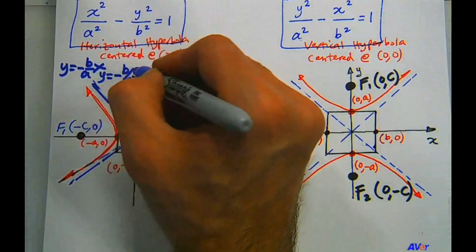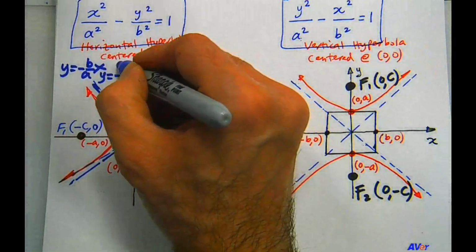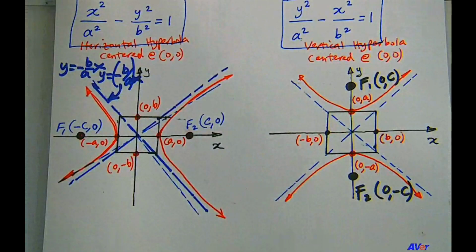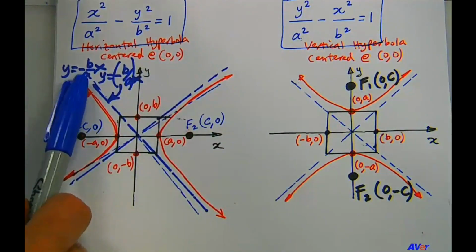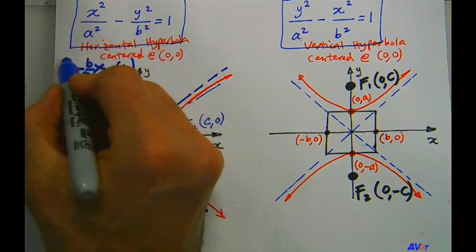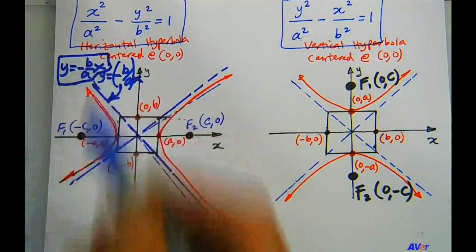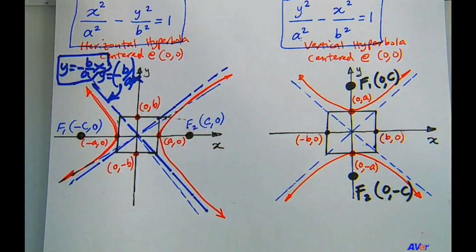No, x is being multiplied by that whole thing, by that ratio, minus b over a times x. And I made it more clear here. Let me box that like that.